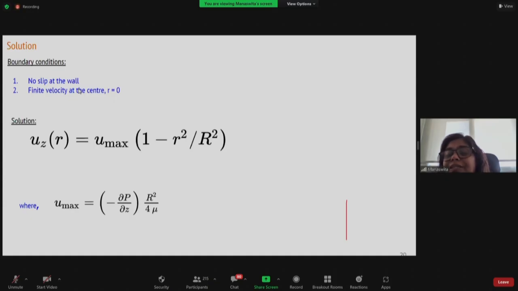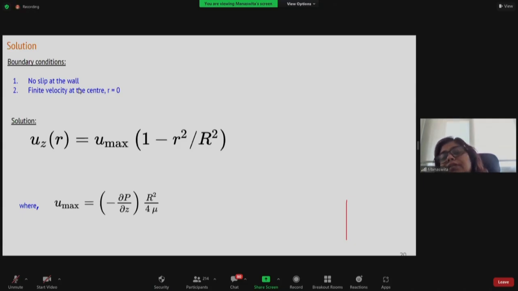There has to be a pressure gradient for the flow to happen, right? If it is a pressure-driven flow, there has to be a negative pressure gradient, positive delta P, for the flow to happen. So I do not see how you will set delta P delta Z to 0.